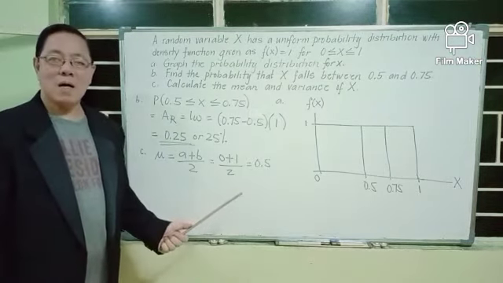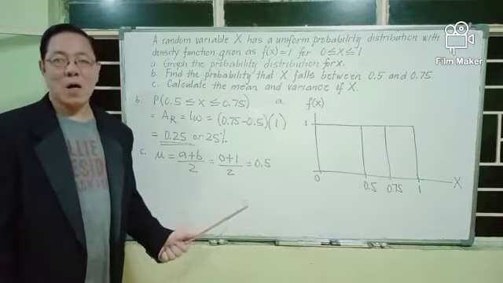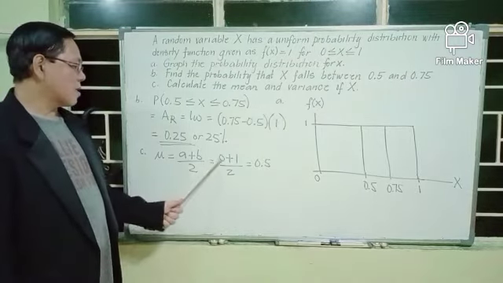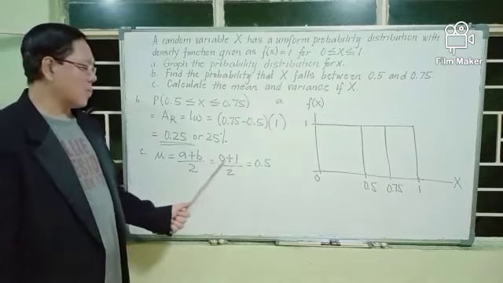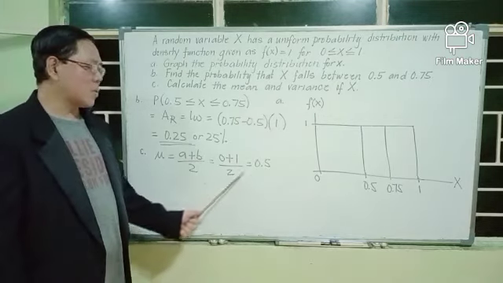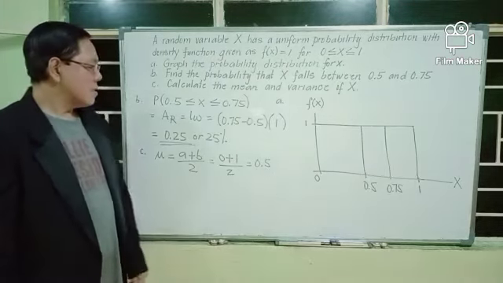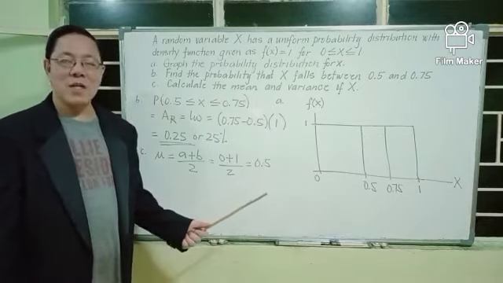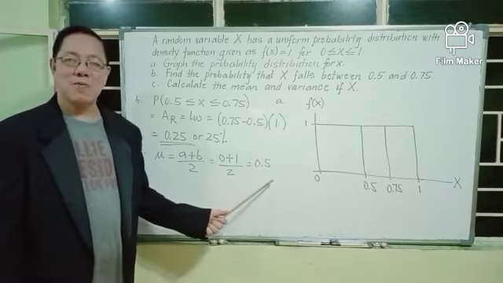Hence, the average value of the random variable x is 0.5. A is 0 plus B is 1. 0 plus 1 is 1. Divided by 2 is 0.5. The value of the uniform random variable x on the average is 0.5.